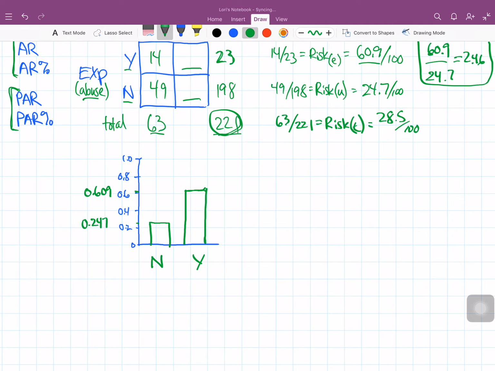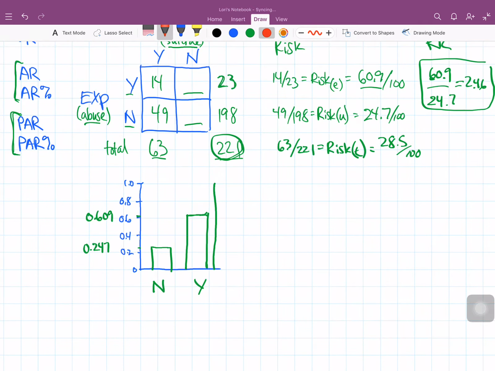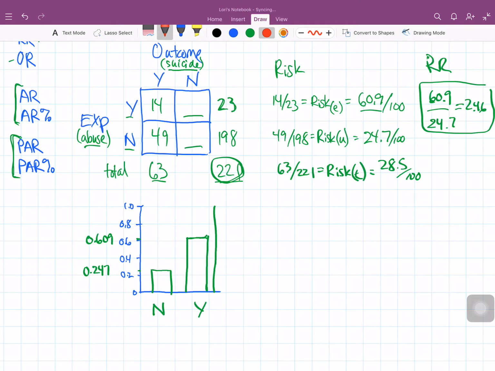Now we can do something interesting over here. If we were to try to do something here with relative risk, this 2.46 is an interesting number. If we were to follow this 0.247 across to here, we would call this a relative risk of 1.0. And then proportionately, this 0.609 is at the 2.46 mark.